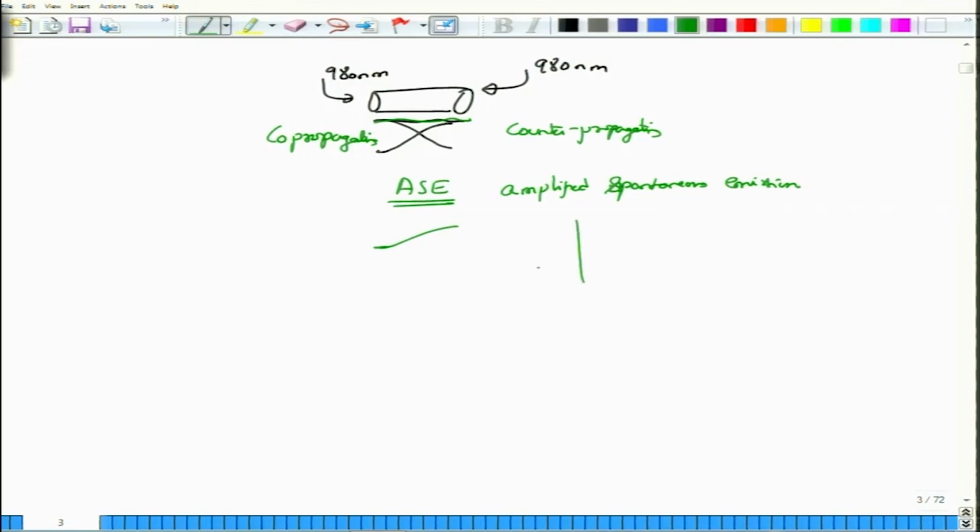The amount of noise power that you are going to get will be denoted by P_ASE, and because this noise is building in the forward direction, this is sometimes called forward amplified spontaneous emission. Clearly there will be a backward amplified spontaneous emission, which we can call backward ASE. So you have a total ASE resulting from forward and backward amplified spontaneous emission noise.